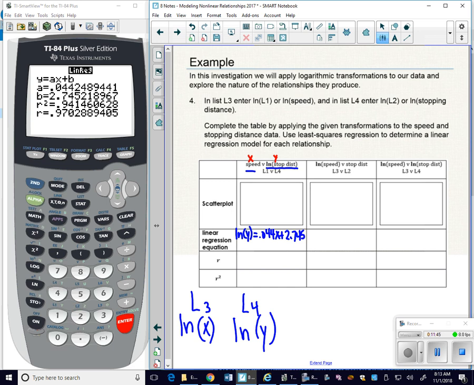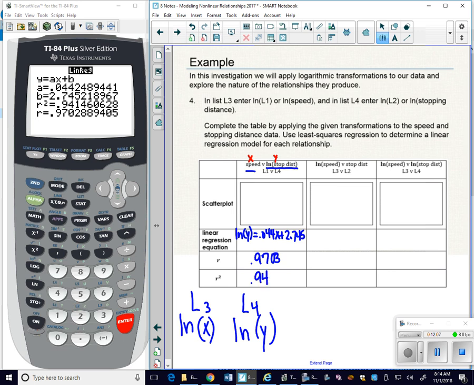The value of r is 0.9702, which is good. And actually, that would round up to a 3, wouldn't it? And r squared is 0.9415.